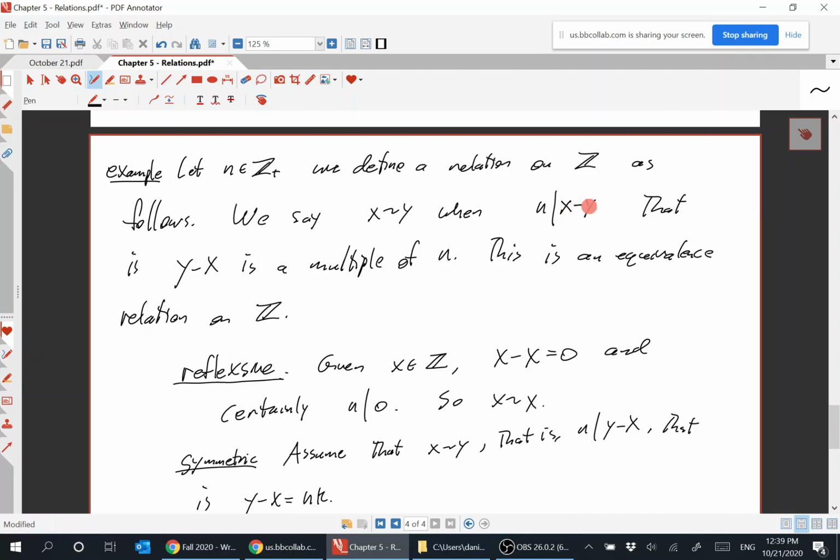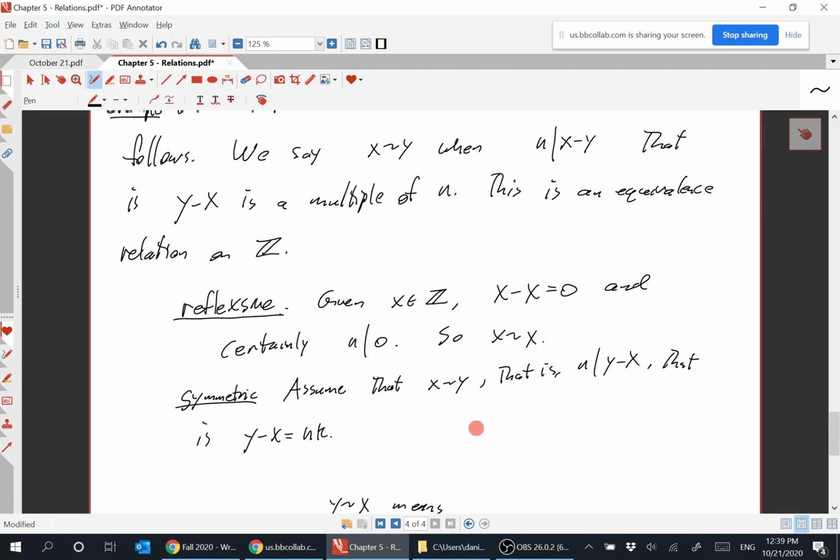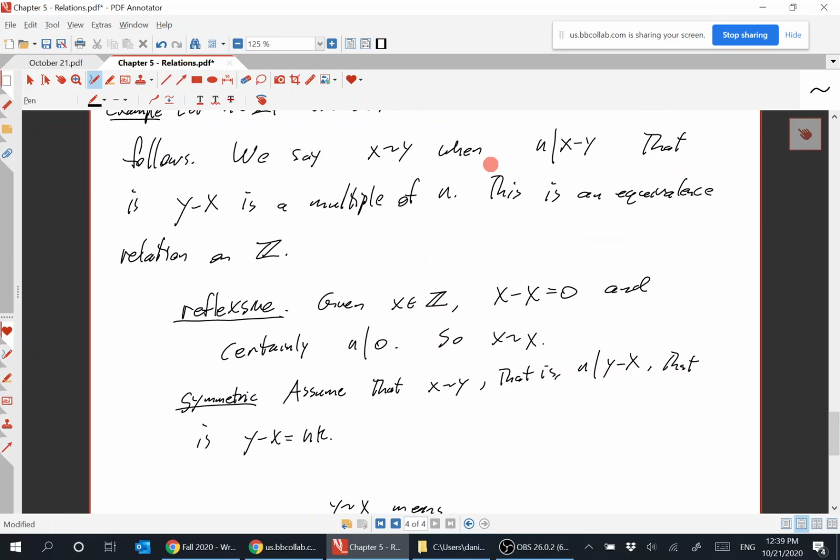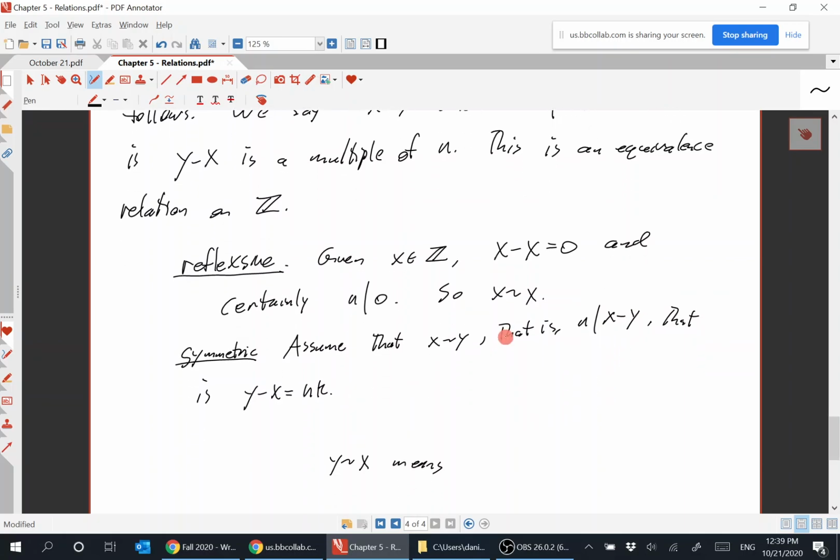n divides x minus y. So x is related to y when n divides x minus y. I apologize. Let's just do it. It's more customary to do it the other way for a certain reason, but we won't worry about that reason. So assume that x is related to y.